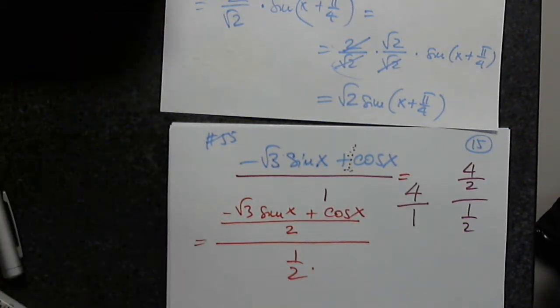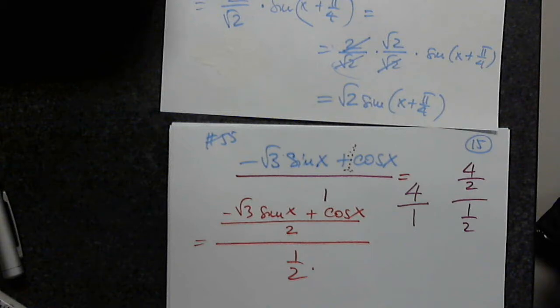Okay, so why did we do that? Because I saw the square root of 3, and the square root of 3, if it doesn't have a 2 in the denominator, I cannot use it. And I saw the 1, and if I don't have 1 over 2, I cannot use any angle. That makes sense. So I'm looking for the square root of 3 over 2 and the 1/2, because I cannot use the square root of 2 over 2, since there is a square root of 3 in there.